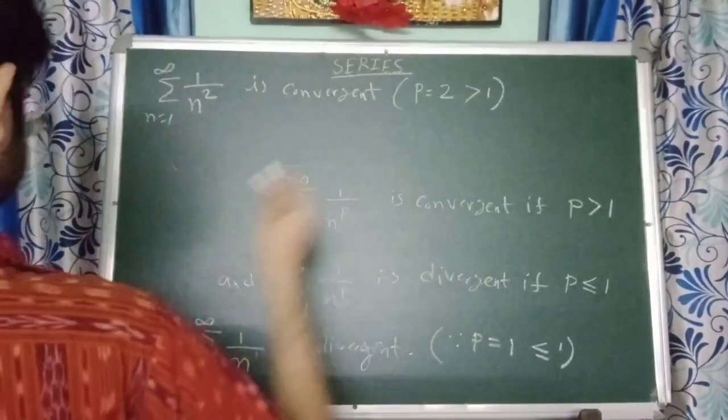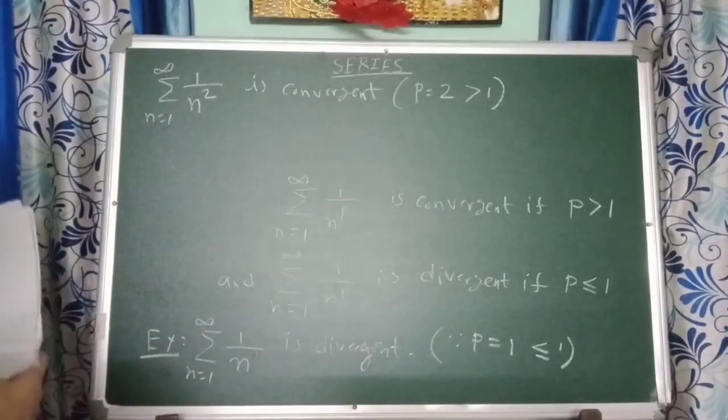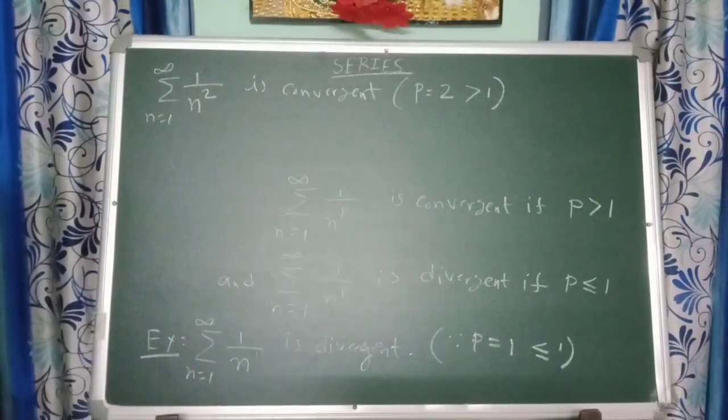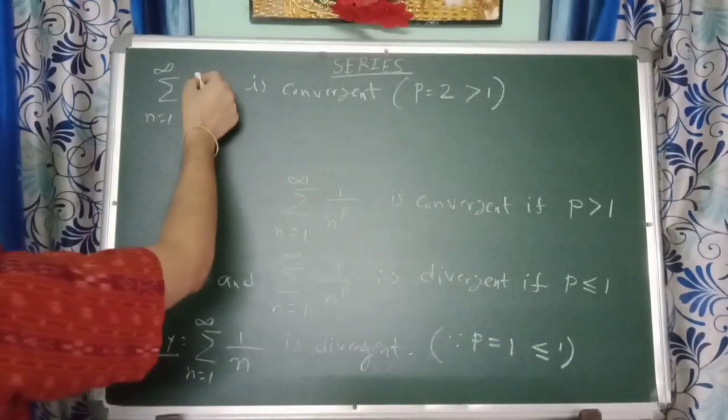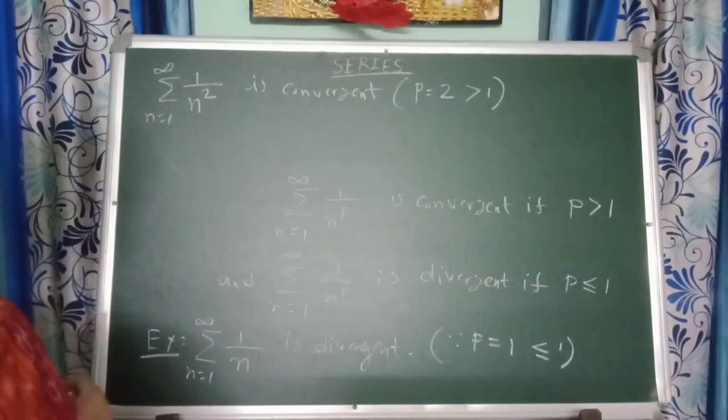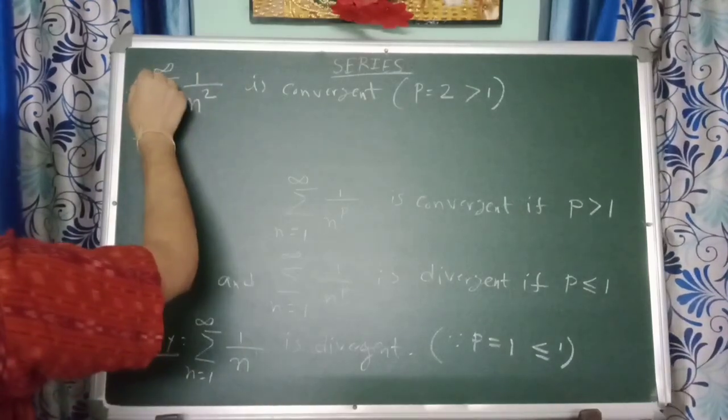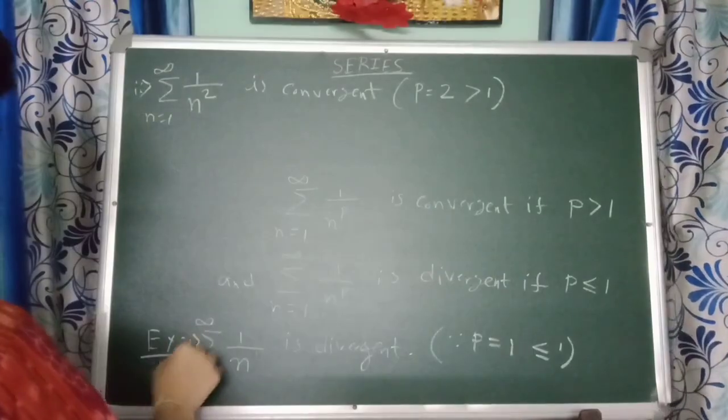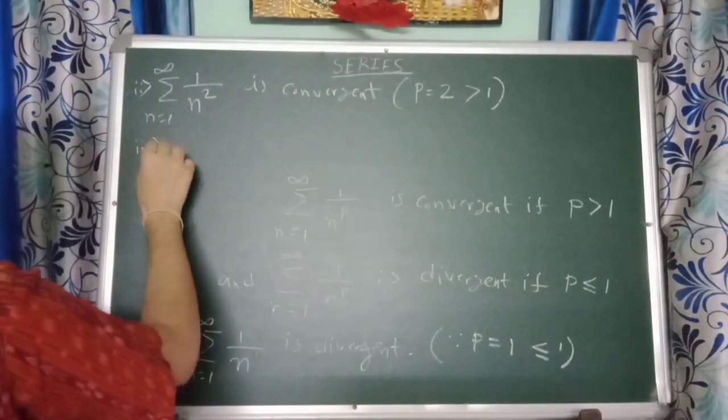So by the statement of the p-test we say that the series 1 by n square is convergent. This is number 2.